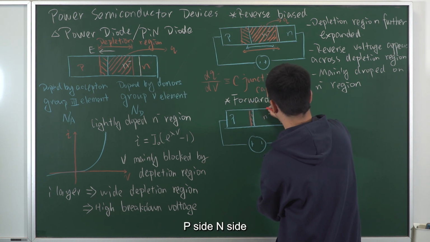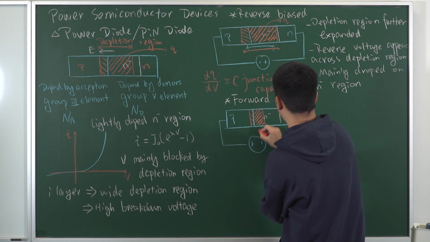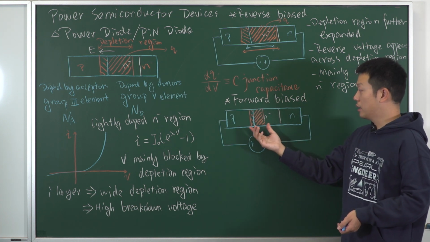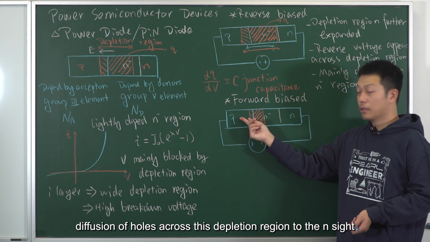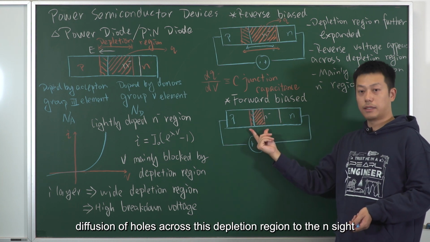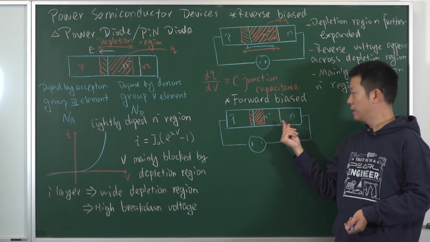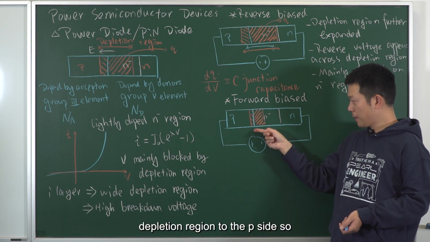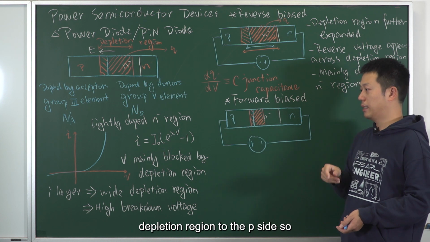P side, N side. So this allows the diffusion of holes across this depletion region to the inside, and also allows electrons to diffuse across the depletion region to the P side.